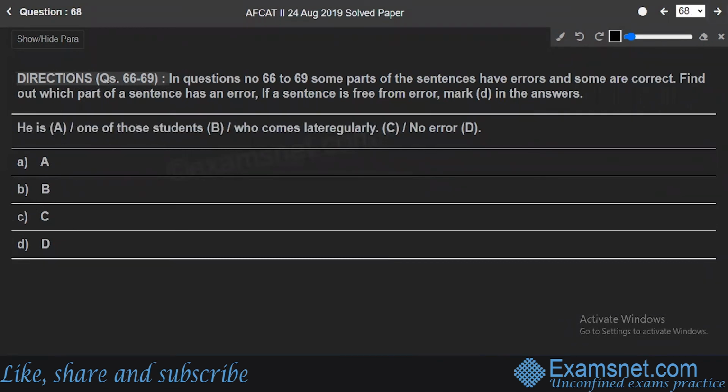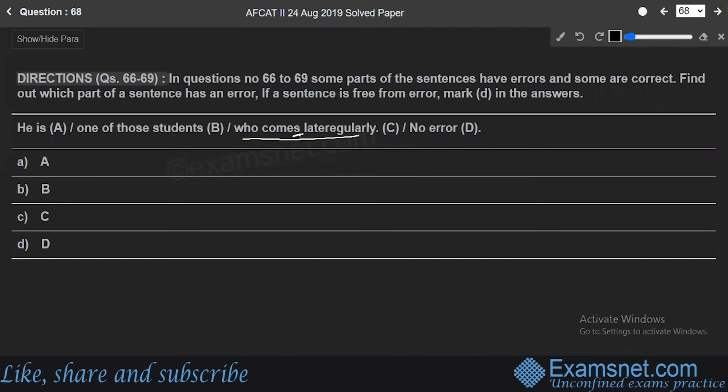That's question number 68. He is one of those students who comes late regularly. I'm repeating, he is one of those students who comes late regularly. Don't you feel something is wrong here? It should not have been "comes", it should have been "come".